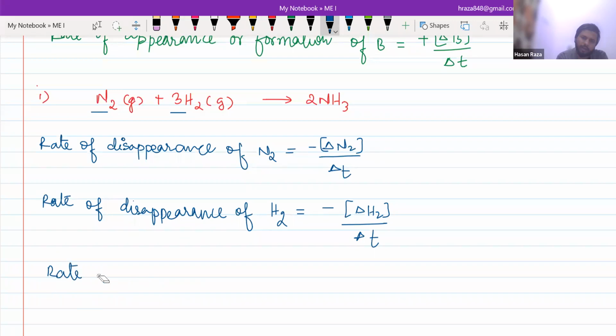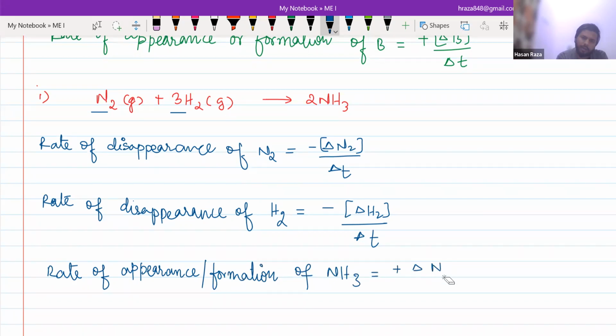For the product we use appearance, or sometimes the term rate of appearance or formation of NH3, because this is the product. So I'm going to put a positive sign, and it will be delta NH3 upon delta t. This is how we write rate of appearance and disappearance. So I think you can write this expression for any reaction that you are given, right?